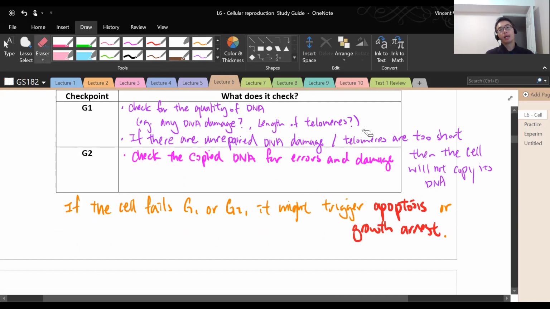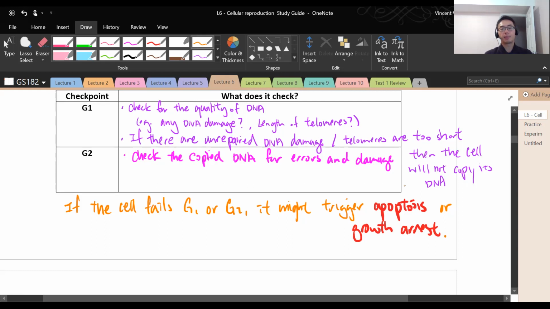Okay, so as you know, as we get older, our cells divide, but there is a finite number of times that they could divide. Once the telomeres are critically short, that cell would not be allowed to divide anymore, but not necessarily going to trigger apoptosis, right? Apoptosis is more for like DNA damage, but when the telomeres are critically short, they enter growth arrest.